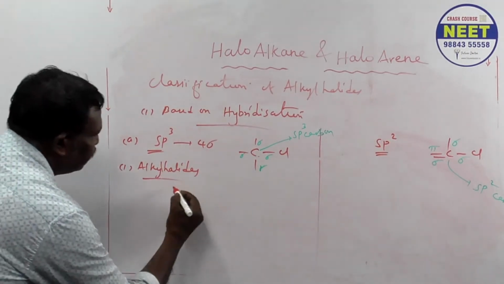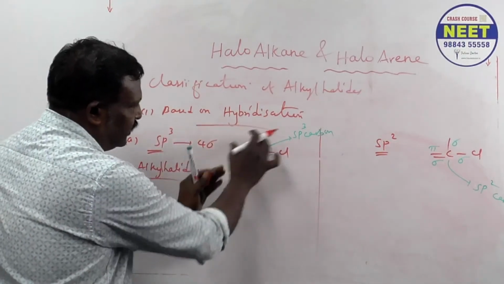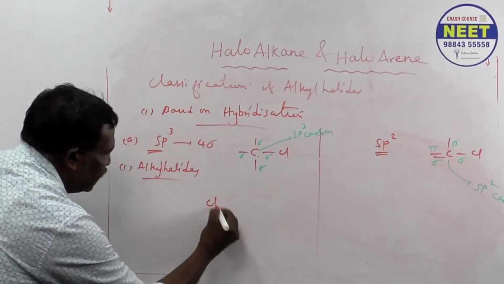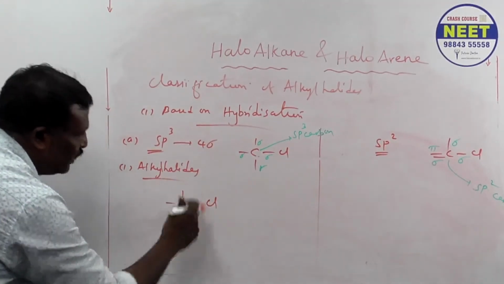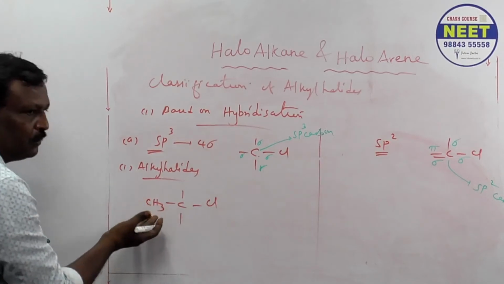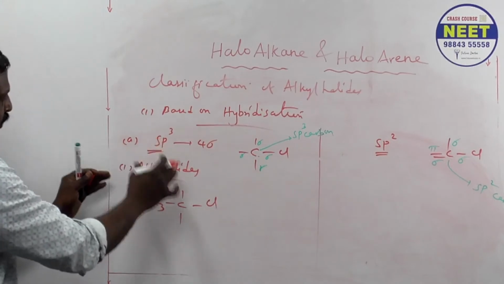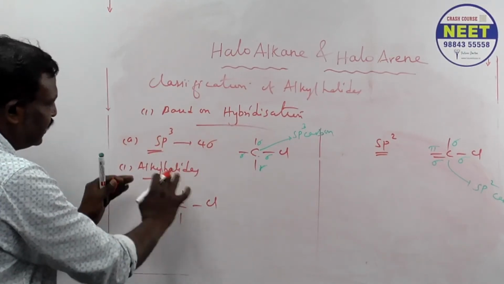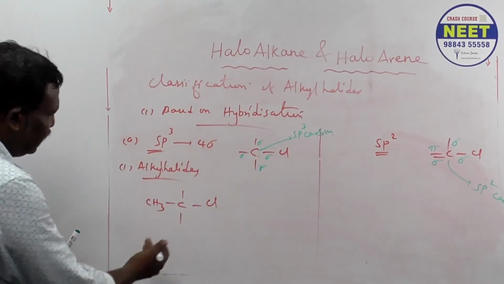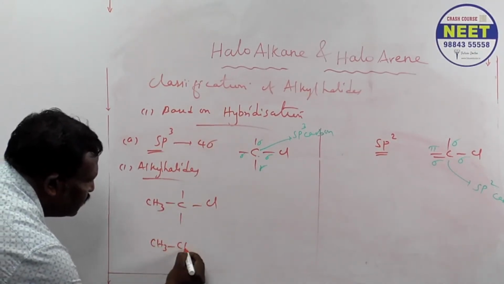Suppose here, sp3 looks like this. Halogens attached to sp3 carbon, which is attached to an alkyl group. It may be methyl, ethyl, anything. sp3 means it looks like this. This is a skeleton. Then if you want, you can fill up with hydrogen. CH3, CH2, Cl.